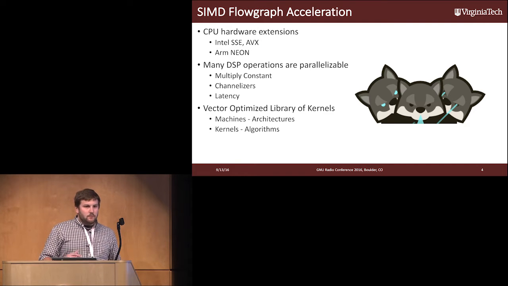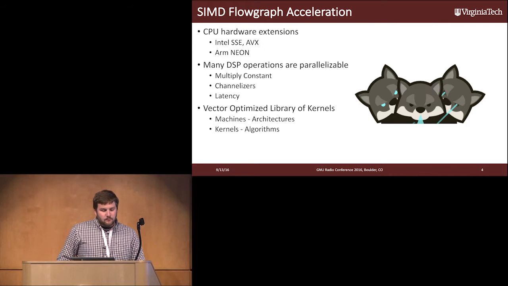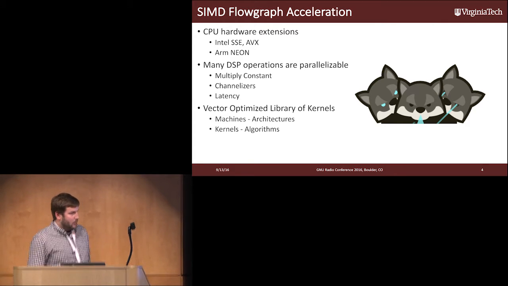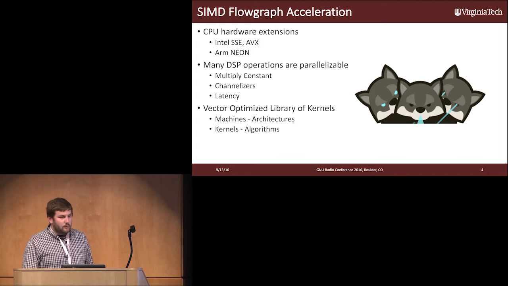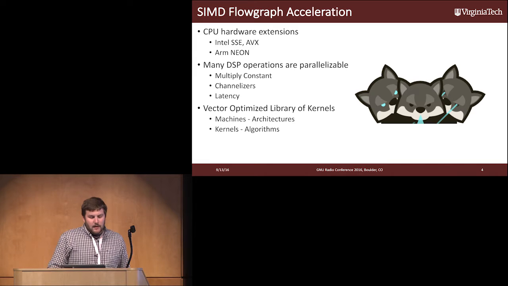The problem, though, is that you do end up with latency, because you have to wait a long time for enough samples to buffer up before you can make use of these parallel architectures. A lot of work has already been done with VOLK and hardware extensions, Intel with SSE and AVX, and ARM. I think Doug's going to be talking about NEON acceleration a little bit later today or tomorrow.